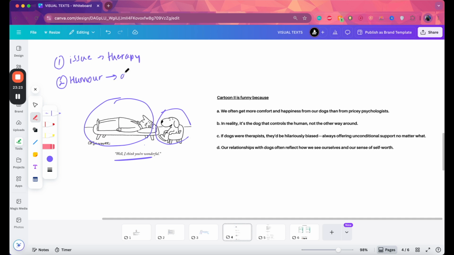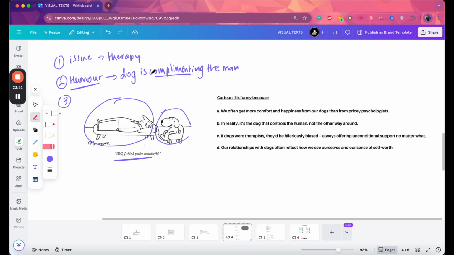So the humor is that the dog is complimenting the man sitting here. The reason why this is the humor or the satire is probably because the dog is always going to be really nice to you. The dog's probably not going to say anything bad about you. They're going to show you unconditional care and love. So that's why the compliment is the humor.